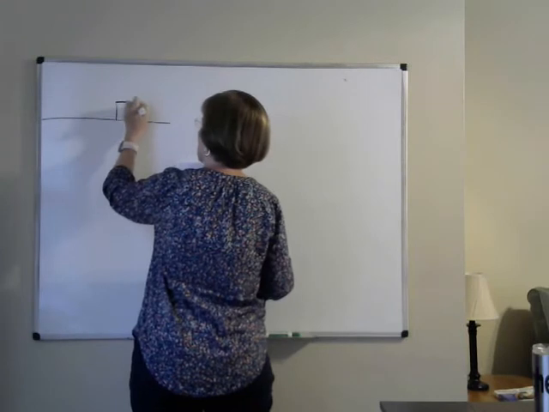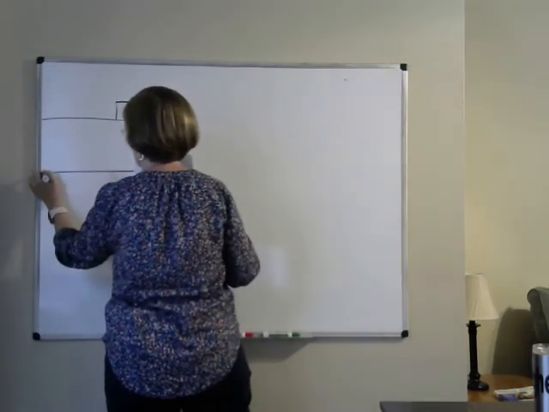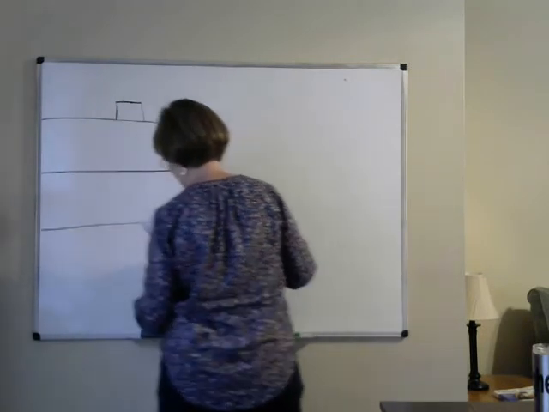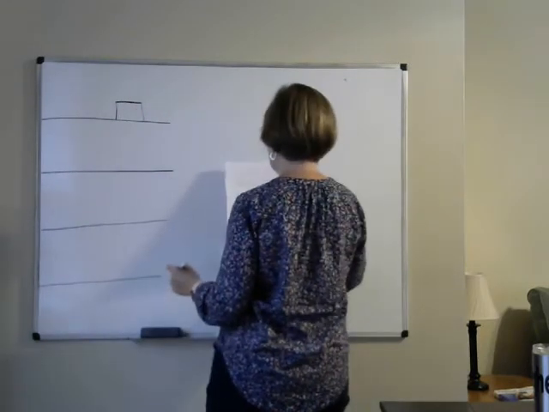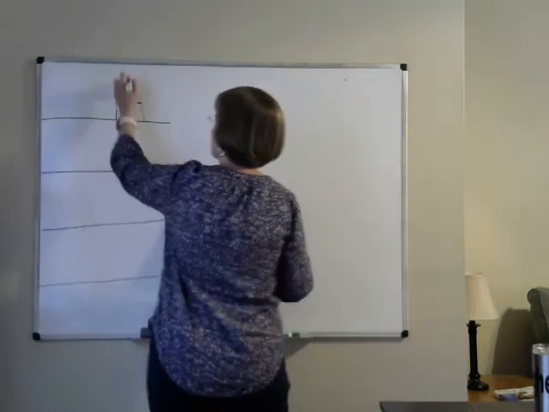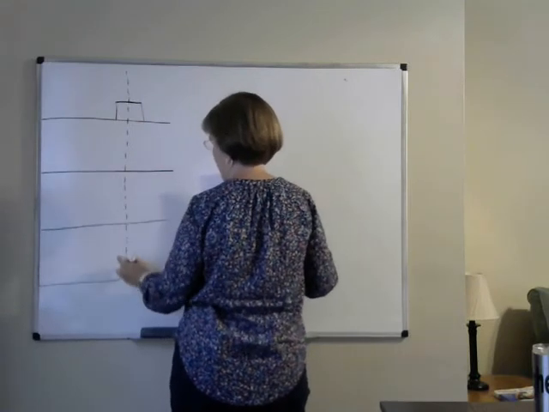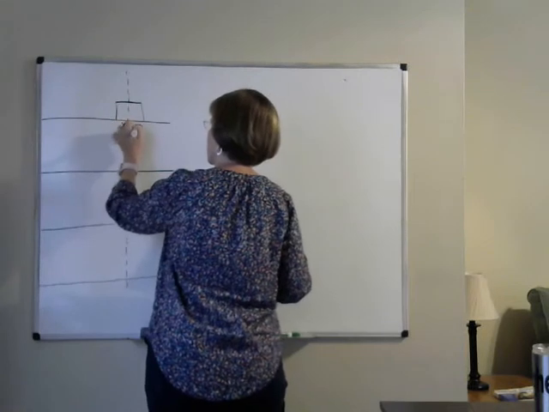Here's the block. In fact, I'm going to draw several pictures of this same block on this same table. I'm going to let this line right here be the equilibrium line. This is the line x equals 0. So here's a spring.